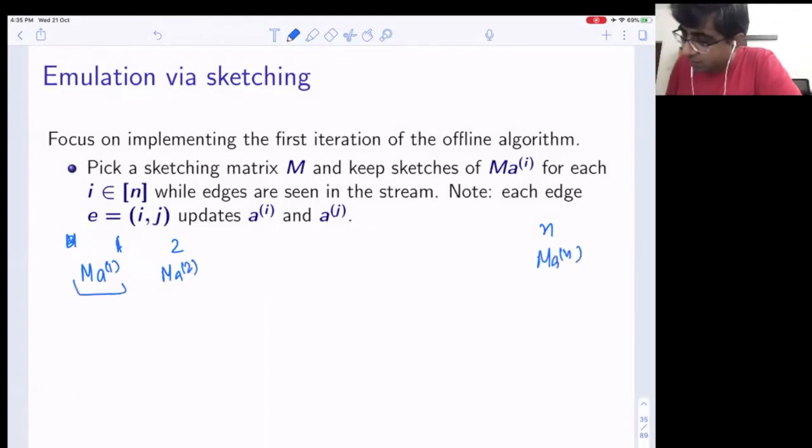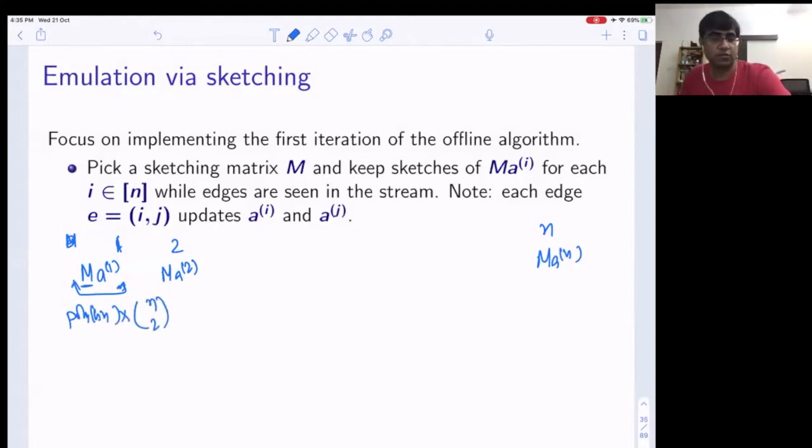And what is the size of this matrix M? Well, it is going to be some polylog n cross n choose 2. But M of A_1 is some polylog n vector.